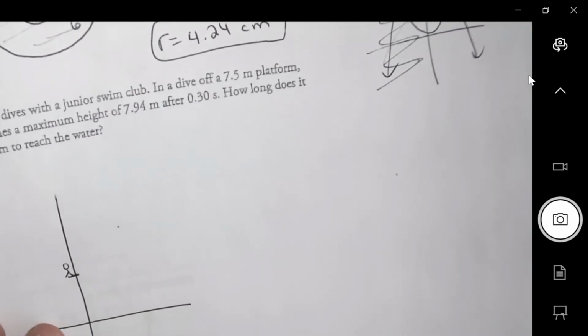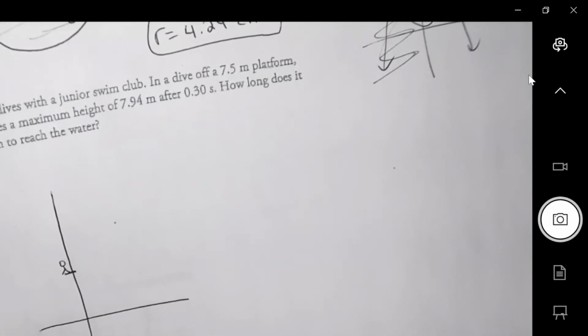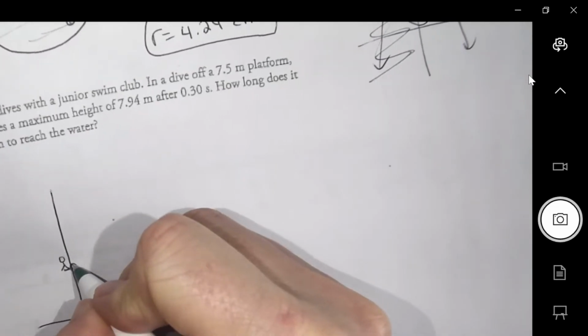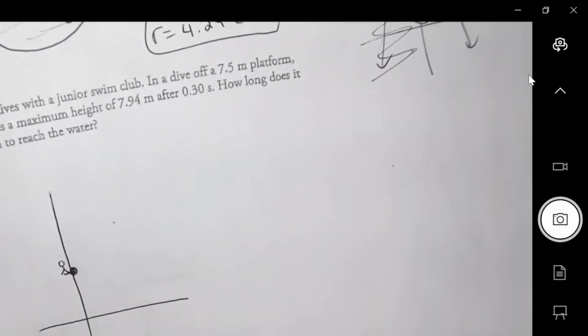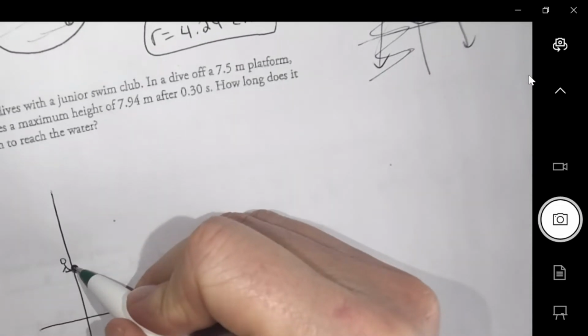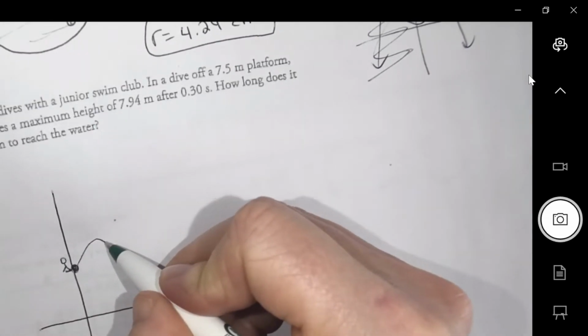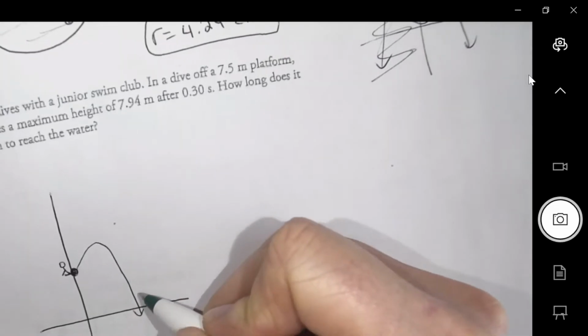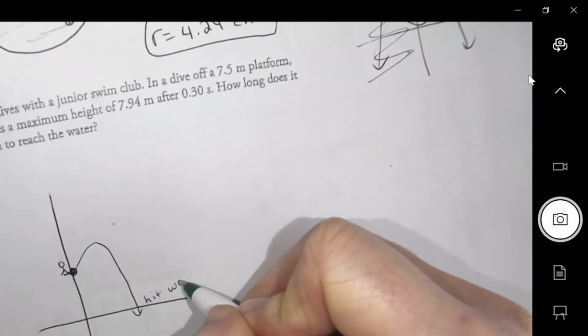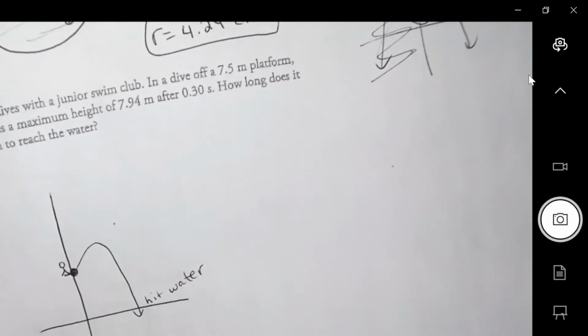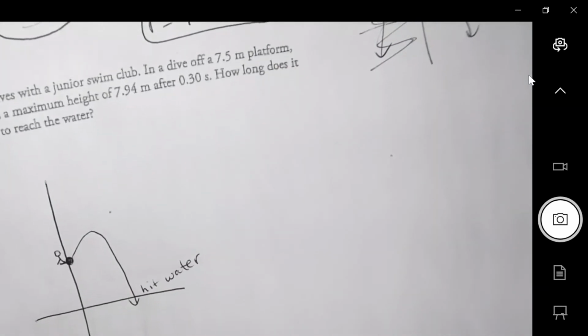Are you visualizing what's happening? So you're starting there. What happens to you when you go off of a diving board? Hopefully you go a little bit up, and then you will go down, and then you would hit the water, right? So that's the path of a dive.